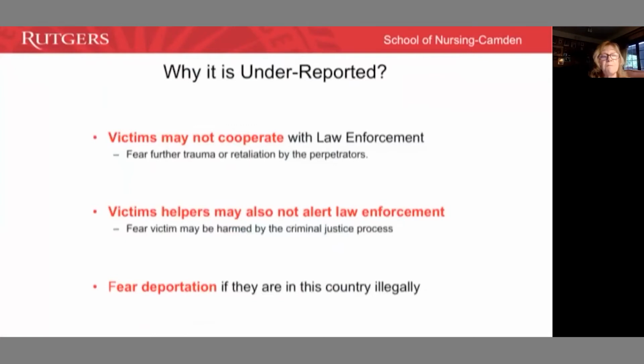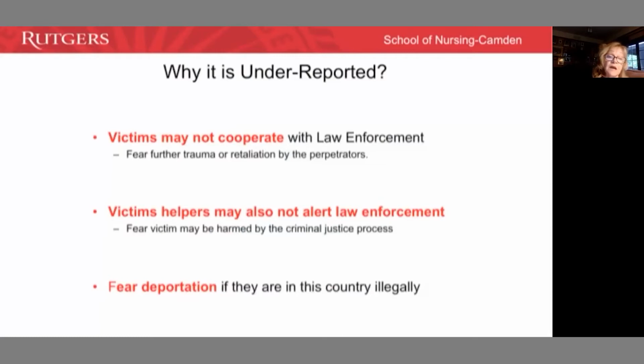Victims may not always cooperate, even if the victims are found and they are reported to have been trafficked. They don't cooperate with the law because they fear further trauma and retaliation by those same perpetrators.